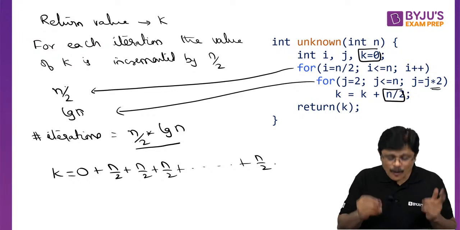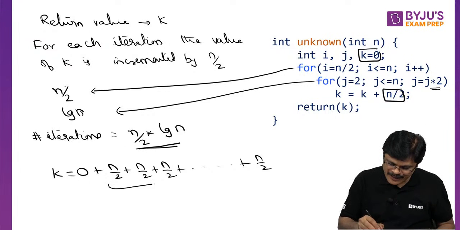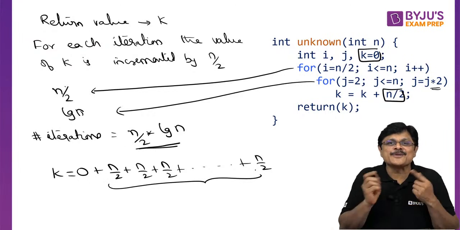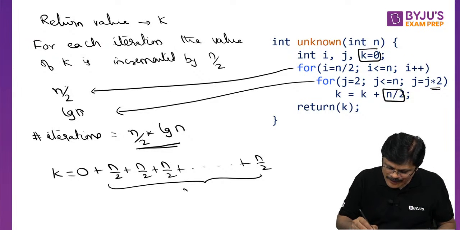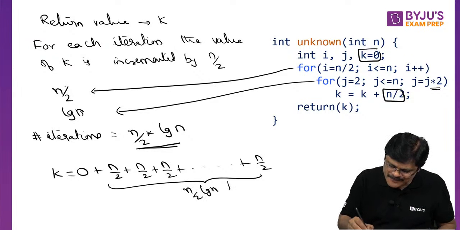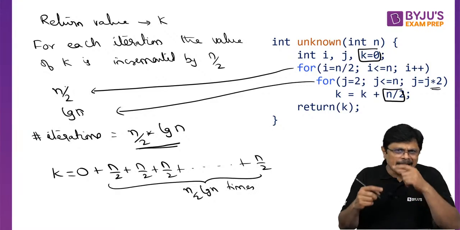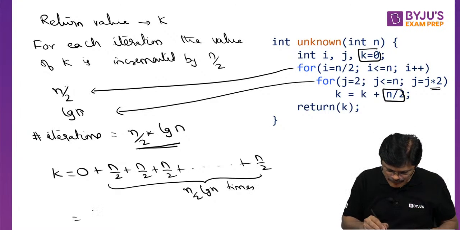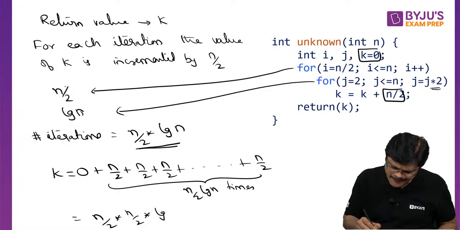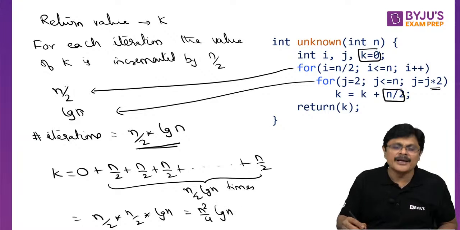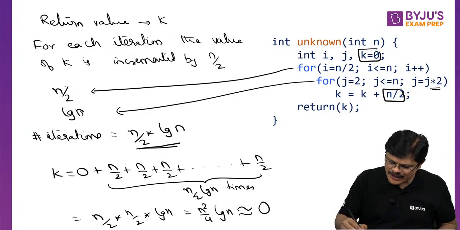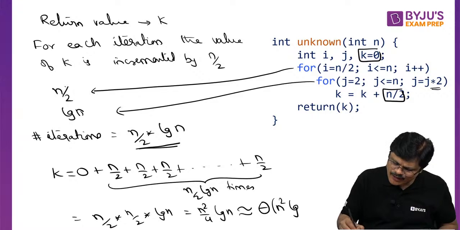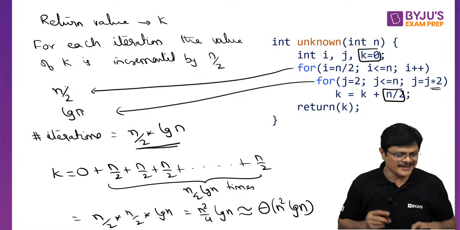As many times as there are iterations, which is n/2 log n times. Therefore, it is equal to n/2 into n/2 log n, which is nothing but n square by 4 log n. If you want to write it in asymptotic notation, it is theta n square log n, my dear friends.